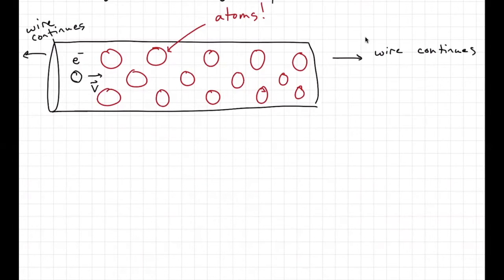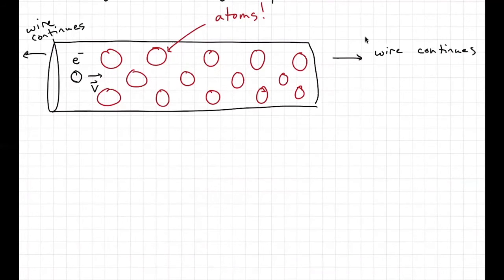In reality, all these red things are atoms in the wire, because the wire isn't just empty space, it's made up of a bunch of atoms. And those atoms are probably organized in some sort of lattice structure. If this is a copper wire, which is pretty typical for the sorts of applications that we would be using if we were in the lab, and is typical for lots and lots of electrical infrastructure all over the place, we'd have a lattice of copper atoms, and there would be impurities in it.